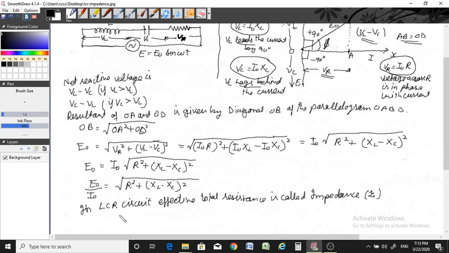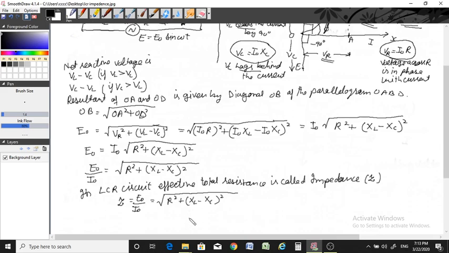Therefore, this Z will be equal to E naught divided by I naught, which we have solved, is equal to the square root of R square plus (XL minus XC) square.